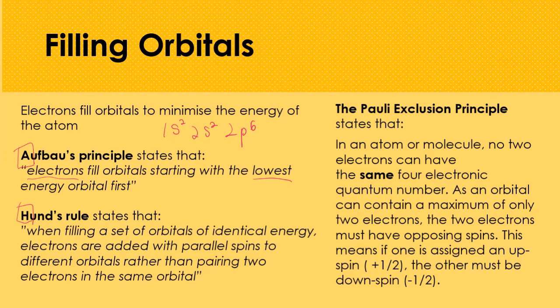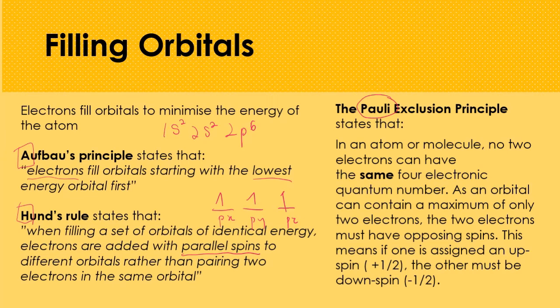Hund's rule, on the other hand, gives you an idea of half. We fill in electrons with parallel spins, which means that in p orbitals, when we have px, py, pz, we have half the electrons in parallel spins. So they don't pair up before they are singly filled.